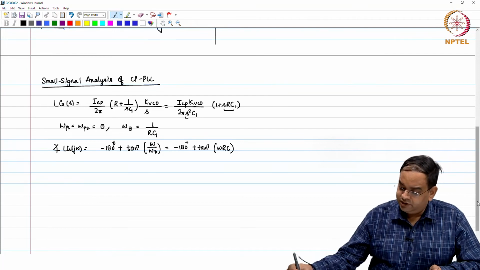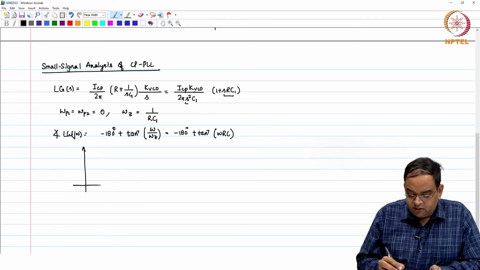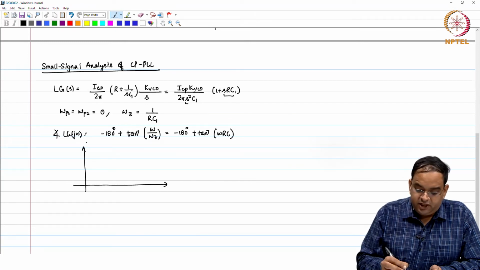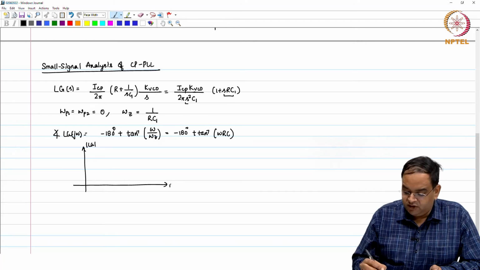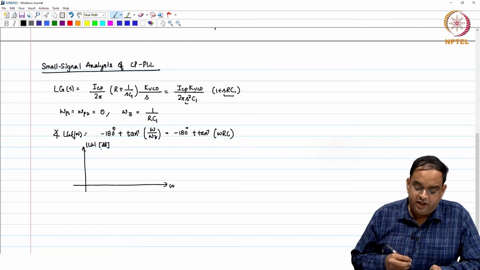Now, to plot this particular loop gain with the help of a Bode plot, we have magnitude of loop gain versus omega. This I will plot in dB, 20 log.